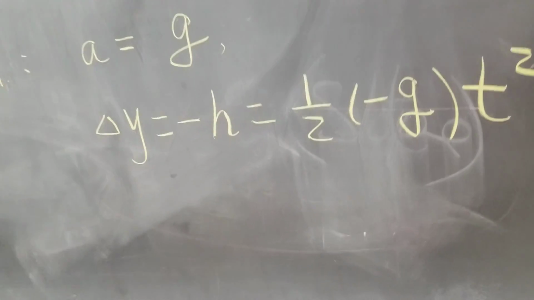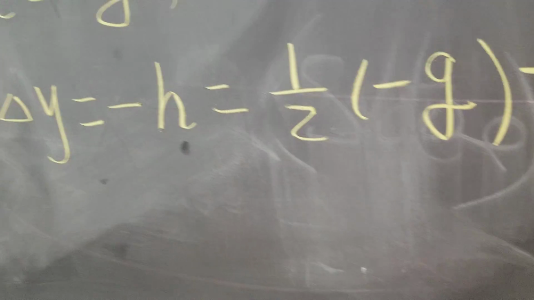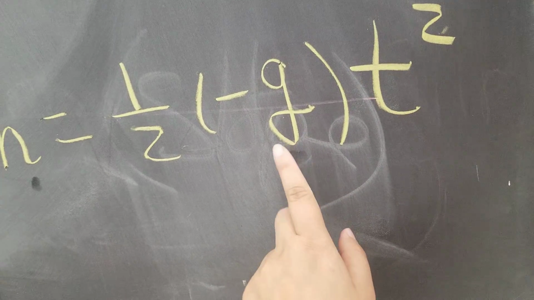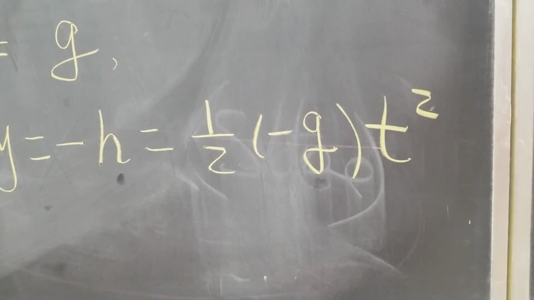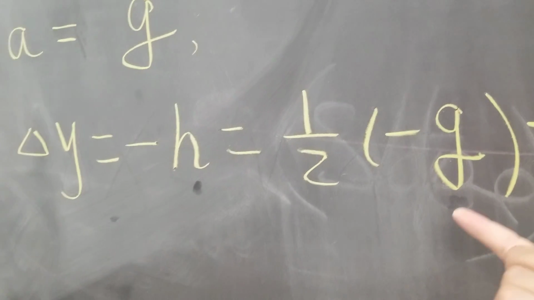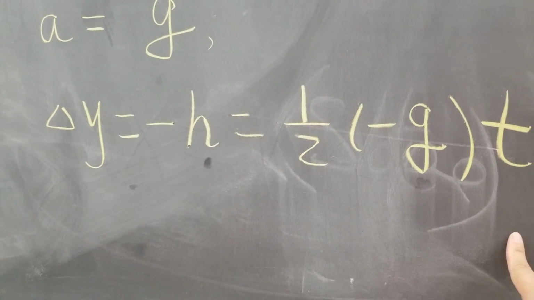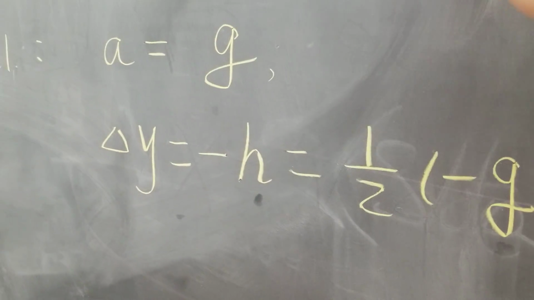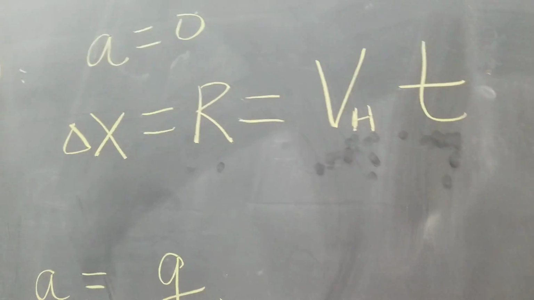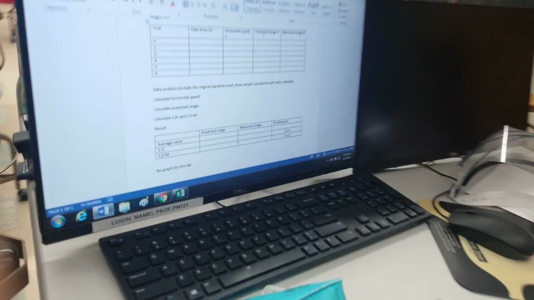In the vertical direction, we can measure the height, and we know the free fall acceleration g equals 9.8 meters per second squared. So you can solve for the time from the vertical motion and plug that t back here to find the predicted range.